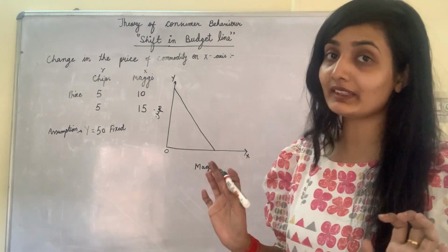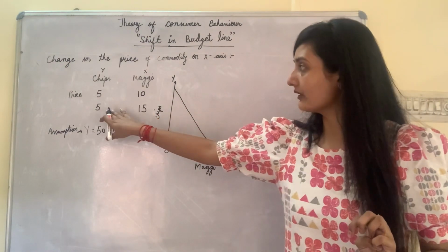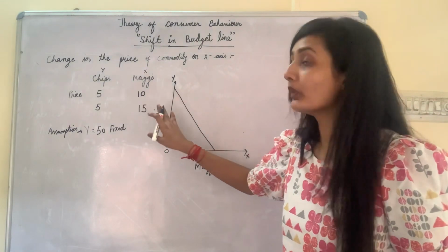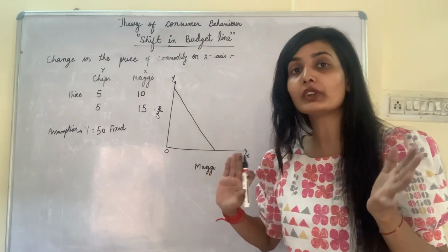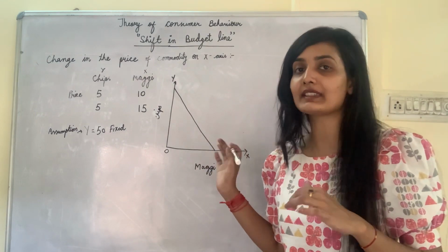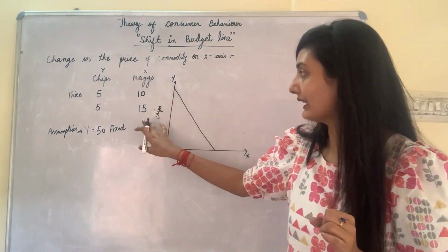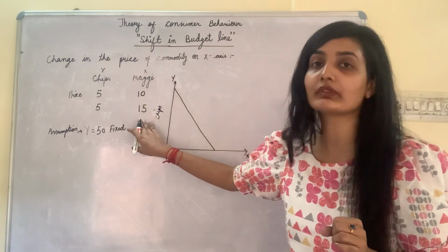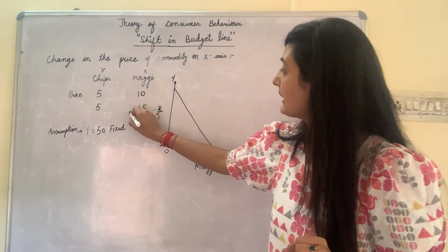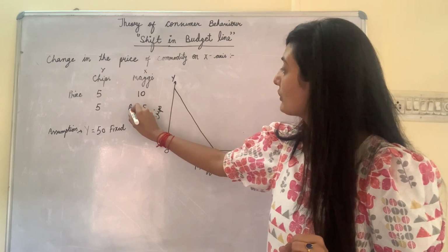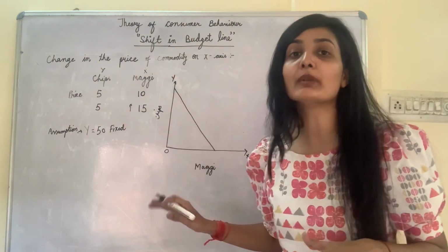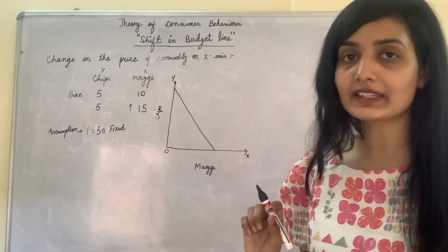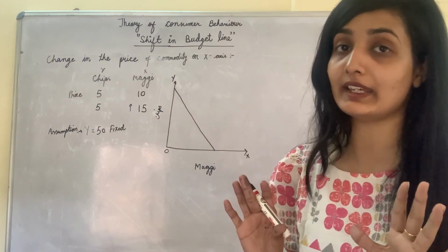Now we assume that the price of chips is fixed at 5 rupees, and we change the price on the x-axis, that is Maggi. The price of Maggi changes from 10 to 15, so it is increased. What will happen? The consumer will not buy more Maggi, as the price of Maggi is increased but our income is constant.